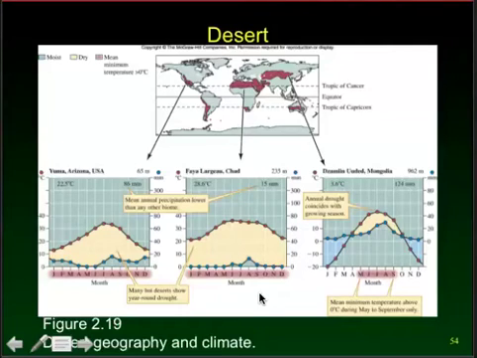Now remember, why does this occur? This occurs because as the air becomes less and less humid as it rains around the equator, and as it continues to lose moisture to the tropical dry forests and the savannas, eventually the air becomes so dry that when it reaches the desert regions, all it has to do is soak up any moisture from the land.